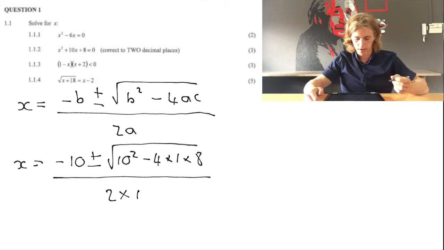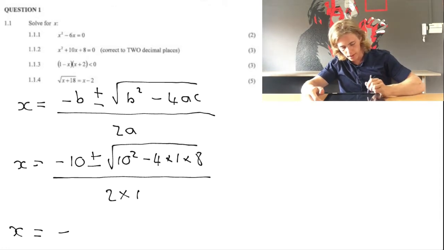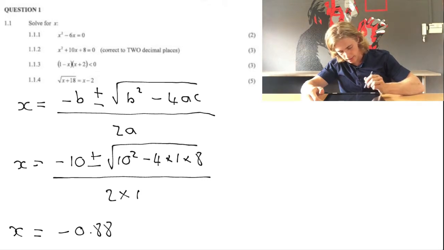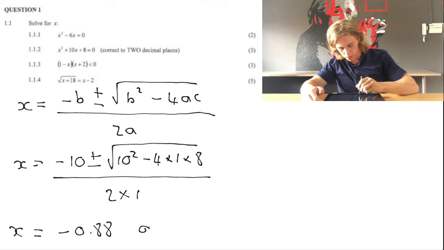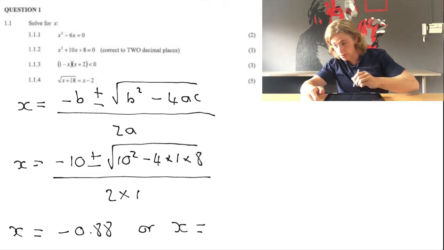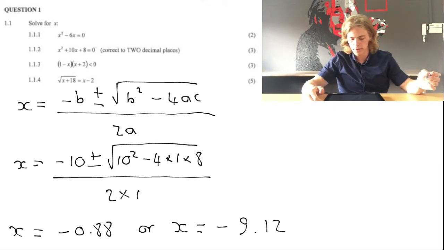If we put that into our calculator, we are then going to get two answers, actually: x equals negative 0.88 rounded off to two decimal places, or x equals negative 9.12 rounded off to two decimal places.